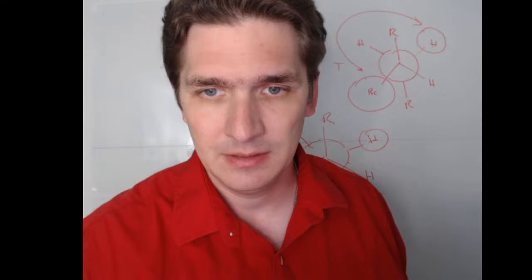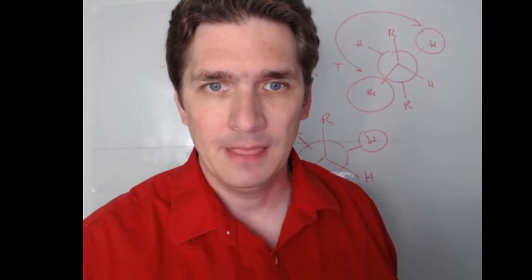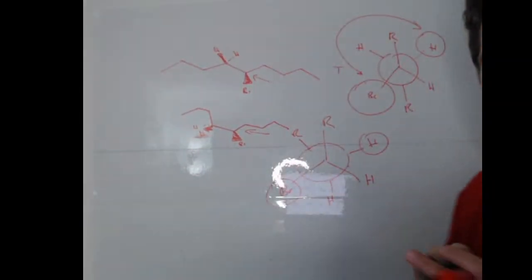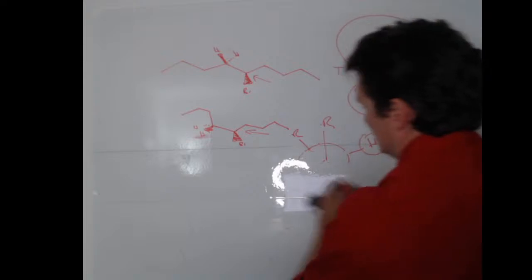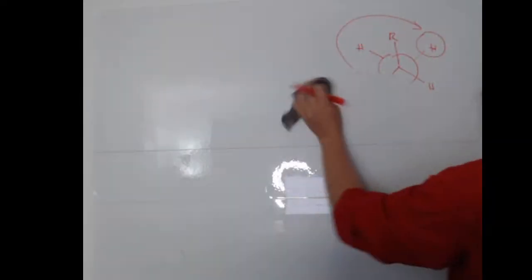39. Predict the major product of the following reaction and draw the stepwise mechanism. So TsOH in this case is tosyl acid.